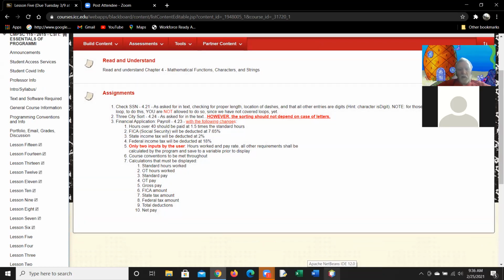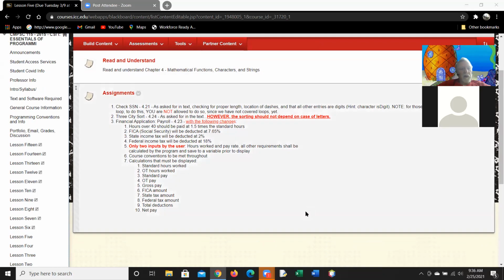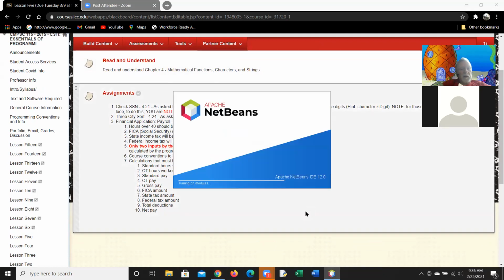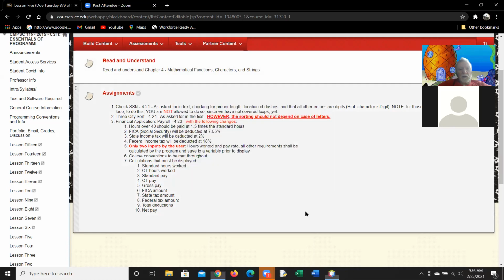And okay, so we're going to go ahead and start our NetBeans here. Let's see something here. If you can, what I'd like you to do while we're waiting for NetBeans to come up is go ahead and take your mouse and copy this right here.